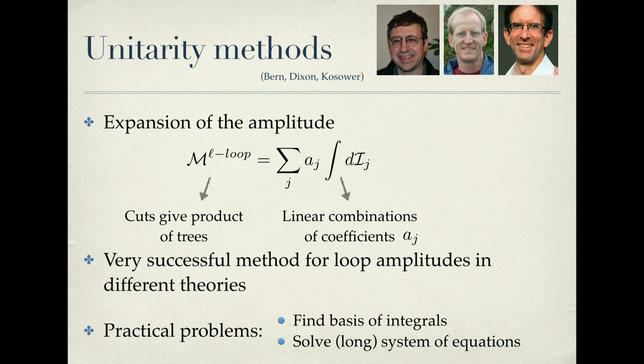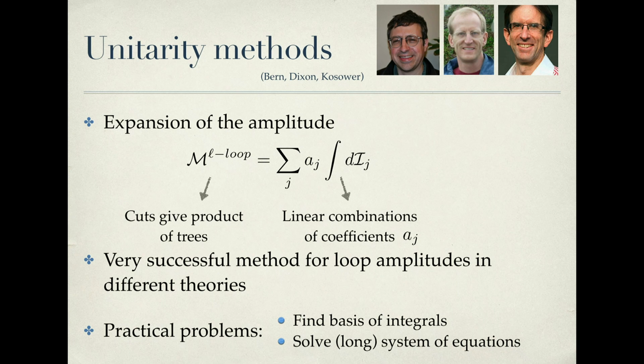So I have a loop amplitude on one side, and instead of writing it as a sum of Feynman diagrams, I already choose the basis of all possible integrals that can appear in Feynman diagrams. And then I put some unknown coefficients there. Then I perform these cuts, which gives me a linear system of equations for these coefficients.